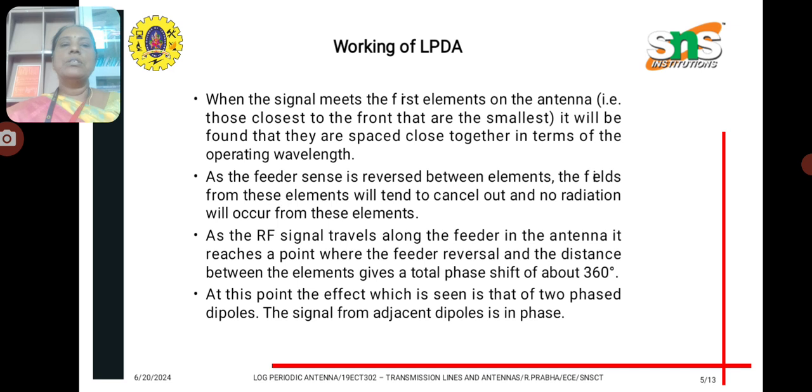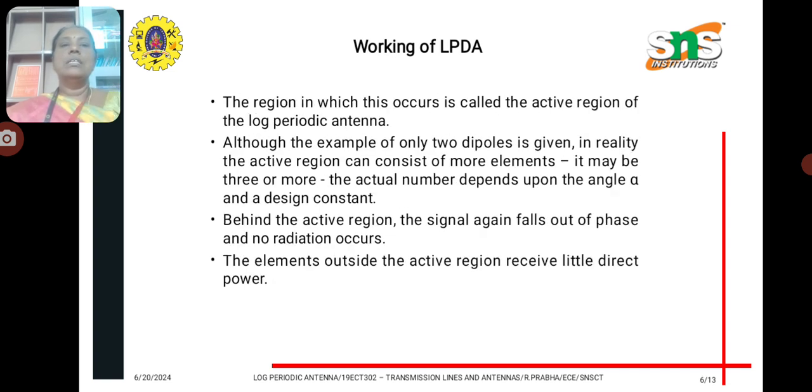At this point, the effect seen is that of two phased dipoles, where the signals from adjacent dipoles are in phase. So the region in which this occurs is called the active region of the log periodic antenna, and the remaining two regions, left and right, are inactive regions where the dipole lengths are less than and greater than lambda by 2.